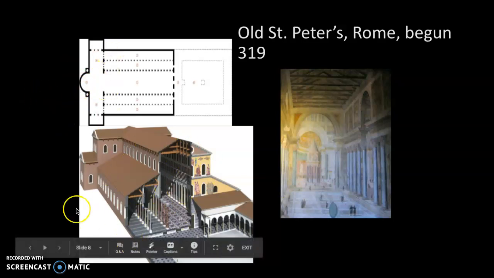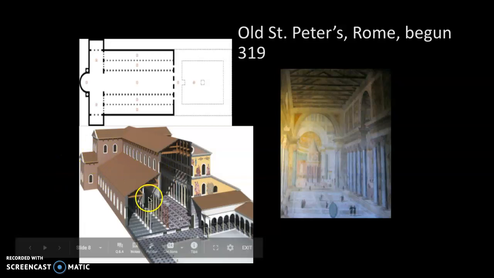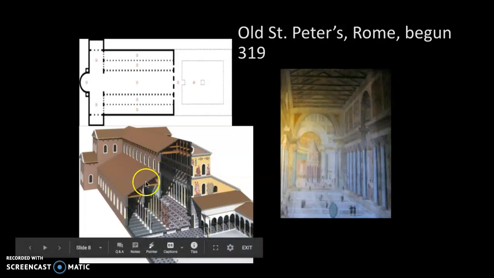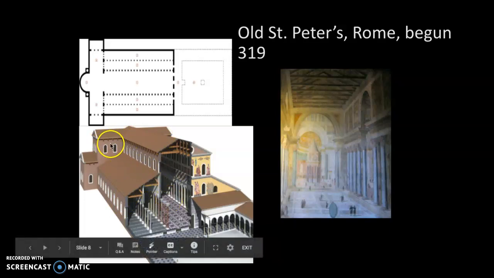Now, in an era without electricity, the architects here have raised the center piece of the roof. So not the roof over the side aisles, but raised the middle part over the transept and the nave, and then put windows here on that raised part of the walls to illuminate the interior.